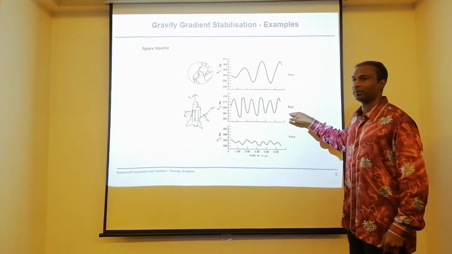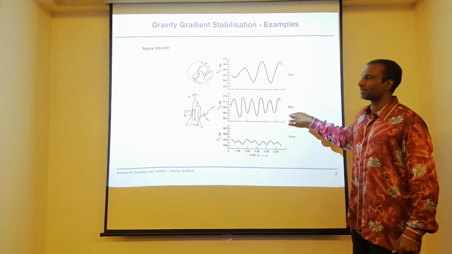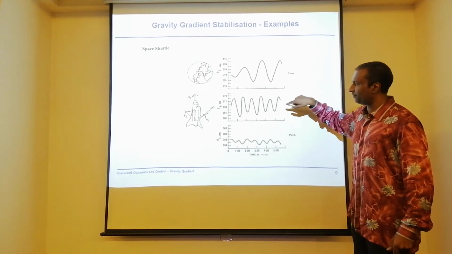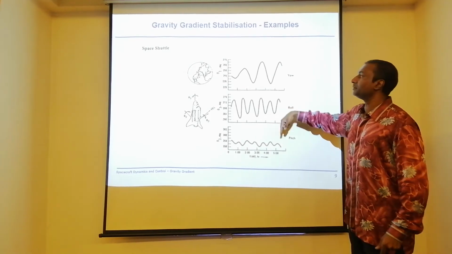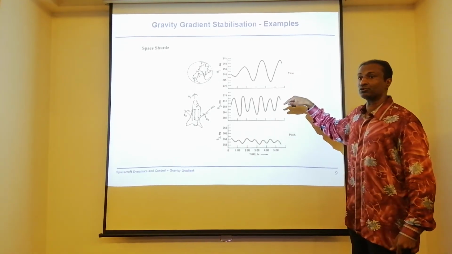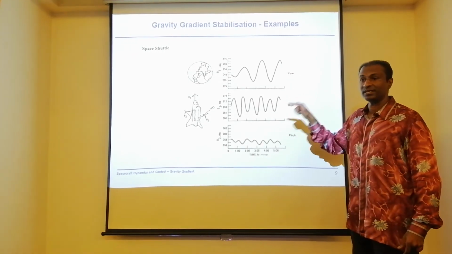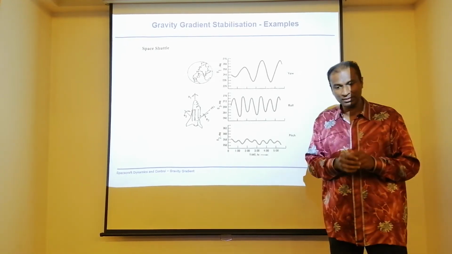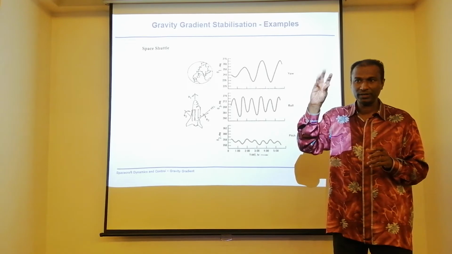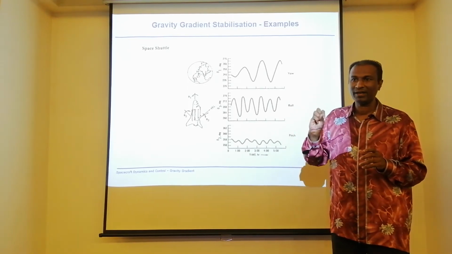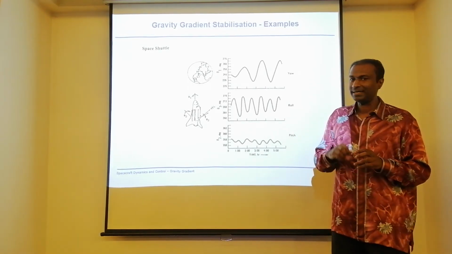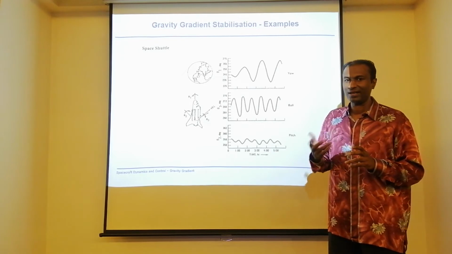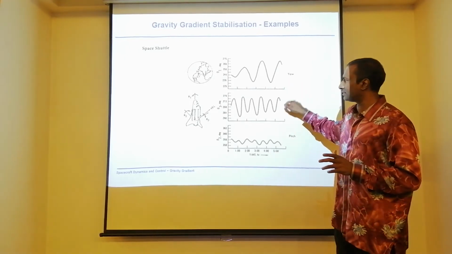Because roll is coupled with Y. So if Y is affected, yaw will finally also be affected. Although in the gravity gradient formulation you have only the roll component and the pitch component, and no yaw component, it doesn't mean the side effects don't happen. This is how the side effect happens.